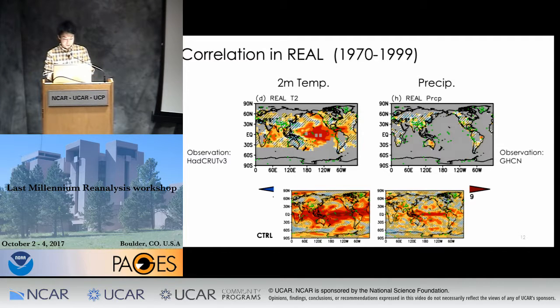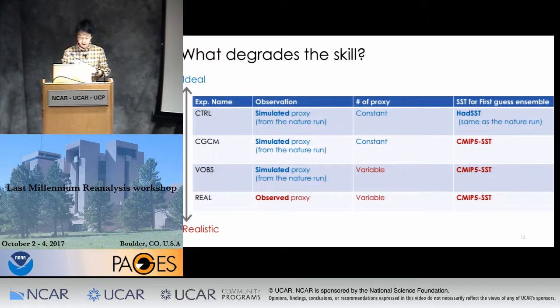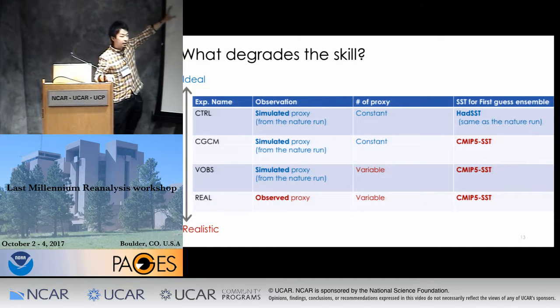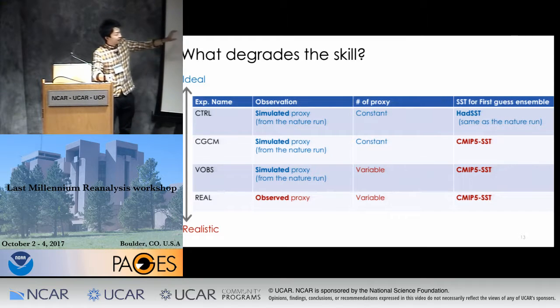So I want to explain what degraded the scale. So I did additional 2 experiments. I already showed the result of control and real, and control is idealistic experimental setting, and the real is realistic experiment. And I added 2 experiments.